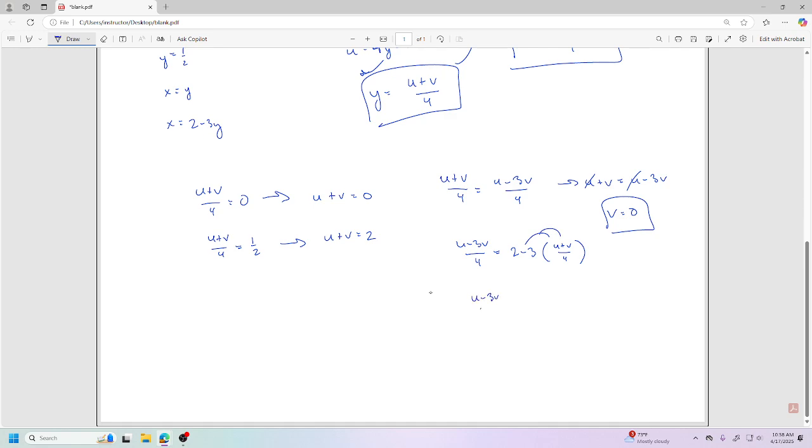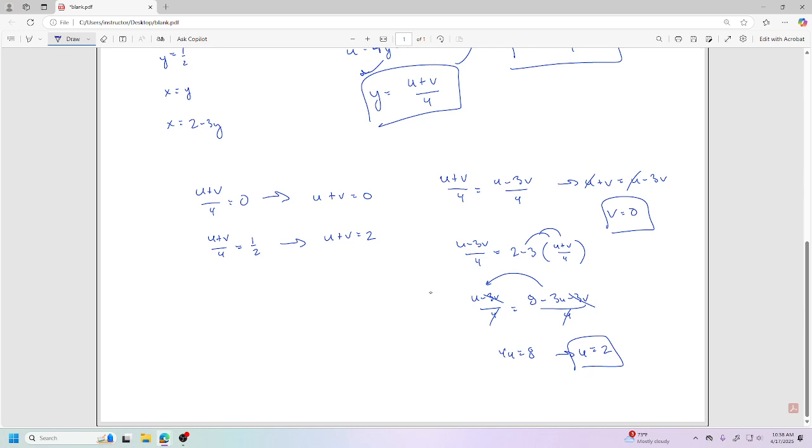So u minus 3v all over 4 is equal to 8 minus 3u minus 3v all over 4. The 4's are going to cancel, the 3v's are going to cancel. When I move this over, I got 4u is equal to 8, so u is equal to 2. I'm getting actual numbers, which is good. I think with these, I can go back and try to find the other guys.